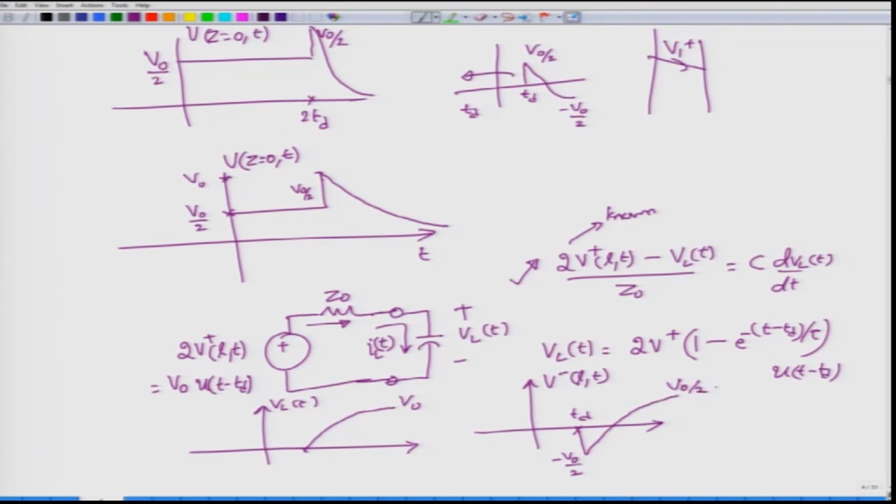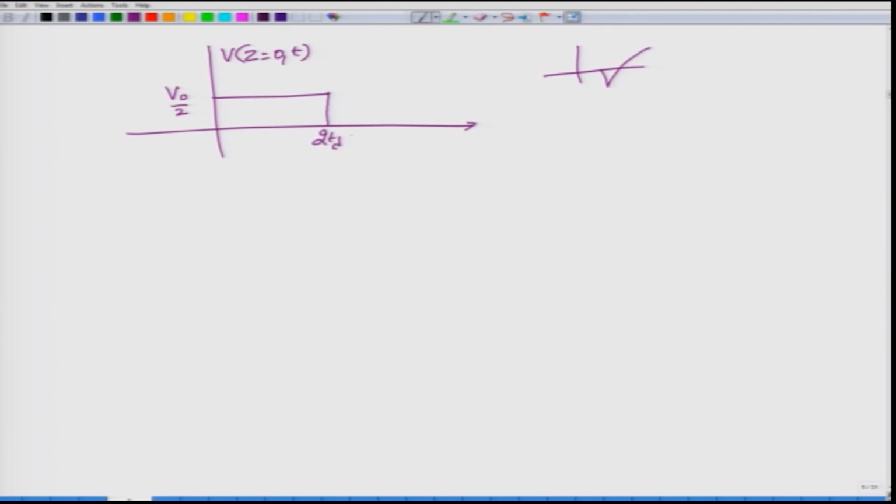Okay, if you now combine the incident and the reflected voltages, you can draw the voltage at the load side, and that load voltage will initially be an amplitude of V0 by 2 step propagating, and when you receive now a voltage of the form this way, initially negative and then going towards positive, that step would be equal in magnitude but opposite in sign to V0 by 2, such that it will pull down the voltage completely to 0 at this point and then begins to rise to a final or an asymptotic value of V0.